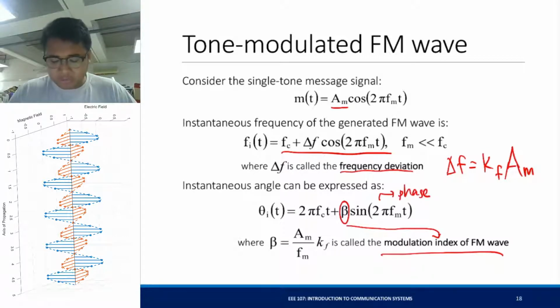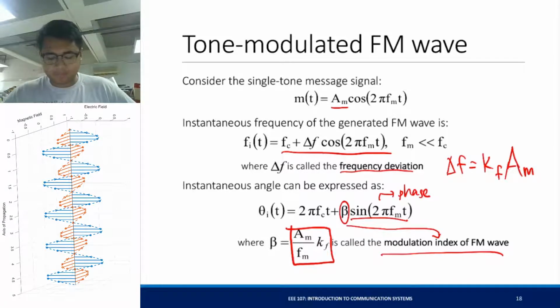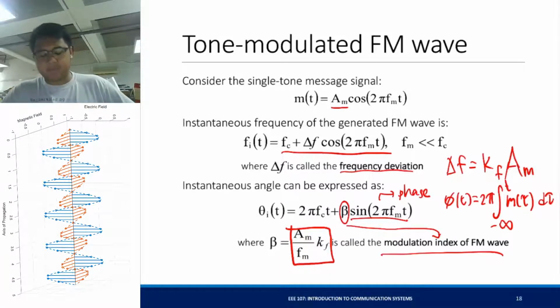So if you integrate your cosine, you'll get sine divided by 2 pi f_m, and you get this value for beta. So it was taken from there. Recall that phi(t) is equal to 2 pi times the integral of m(tau) d tau from negative infinity to some time t. And with that, you can solve for beta.